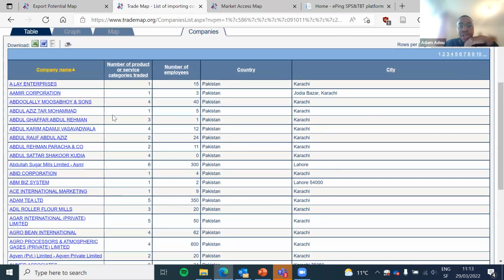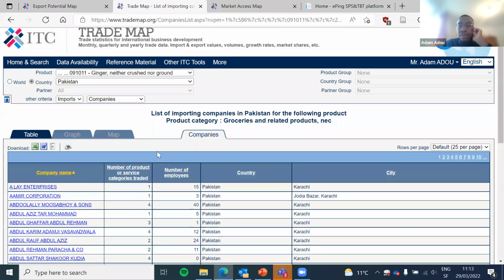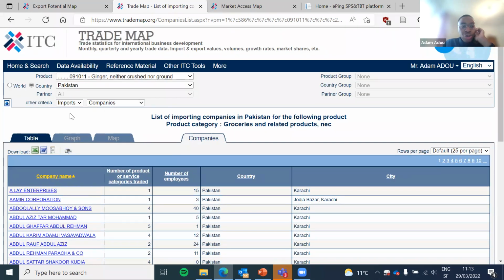You will have information regarding the size of the company, the number of products concerned by your research that this company is importing, and the location of the company. You will have company details as well, such as the phone number and everything you need to reach out to the company in order to negotiate or start doing business with this company. This is what I really wanted to show you on Trade Map.